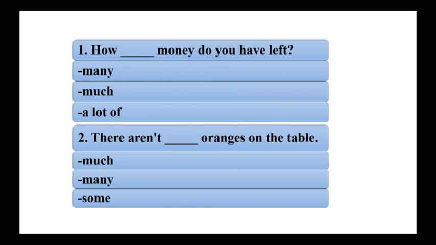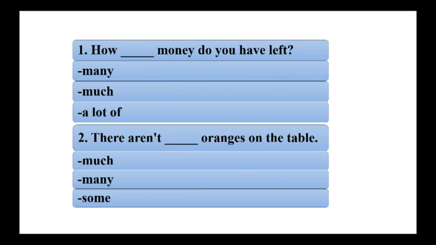There aren't much, many or some oranges on the table. Šta ćemo ovdje da kažemo? Aren't je negacija. Trebalo bi nam any, nemamo to kao opciju. Šta nam preostaje? Ne možemo some zato što je negacija. Aha, znači nema ih mnogo. Pošto su oranges brojive, much nam otpada, dakle there aren't many oranges on the table. Ovo što vam govorim je način na koji treba da razmišljate. Idite sistemom eliminacije.